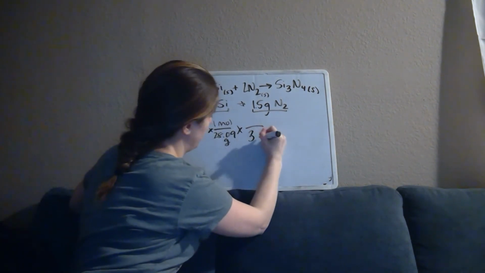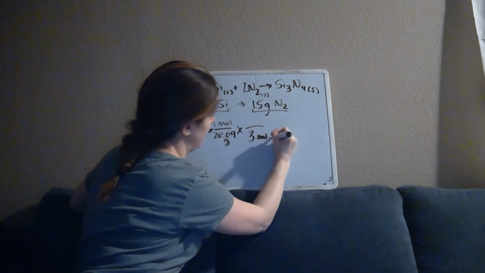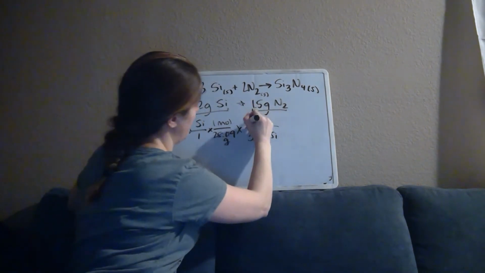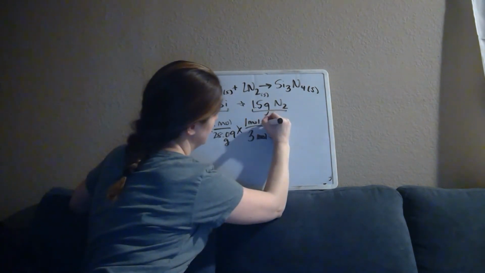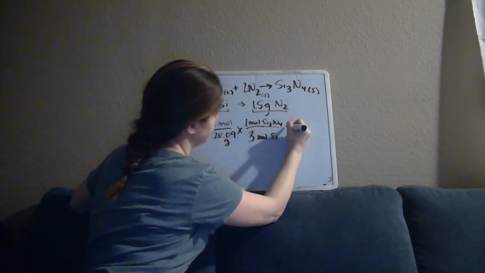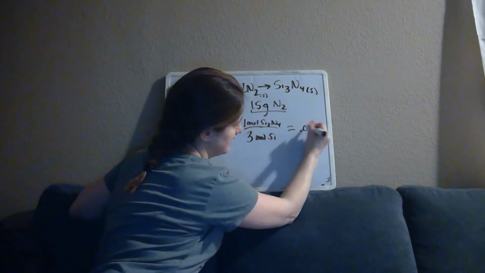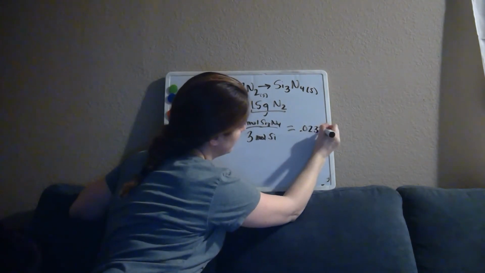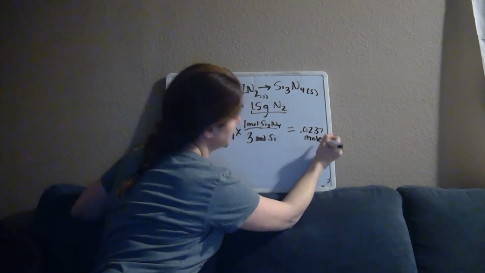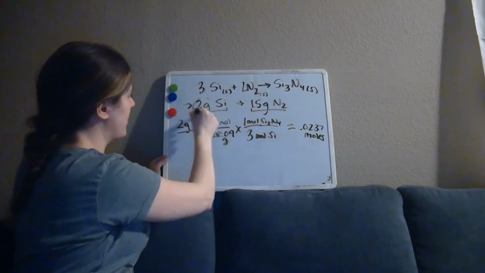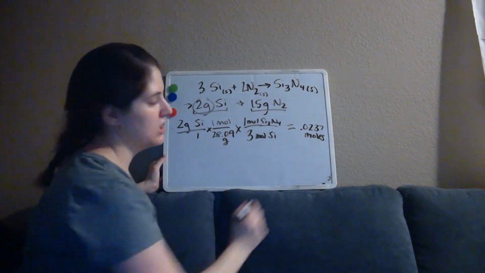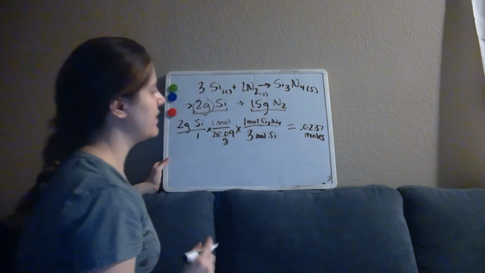So for every 3 moles of silicon, we generate 1 mole of product. We would then create 0.0237 moles of product. So if all of the 2 grams of silicon reacts, we would generate 0.0237 moles.